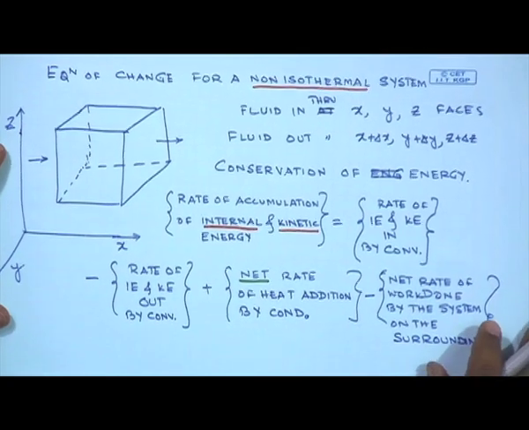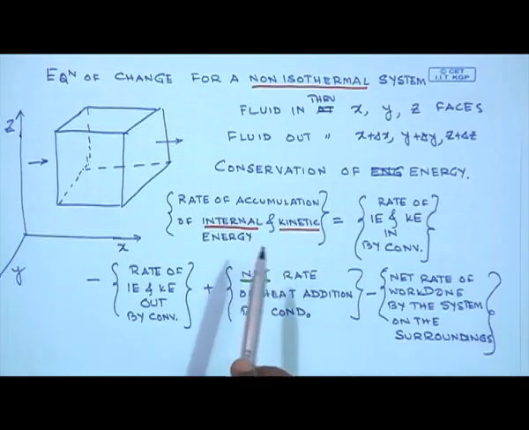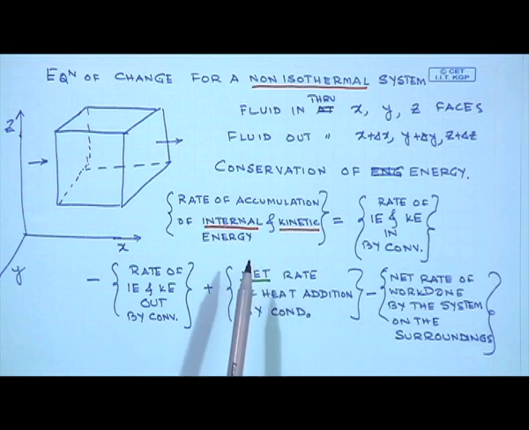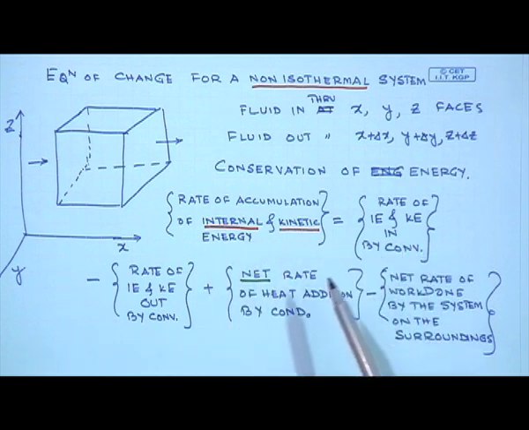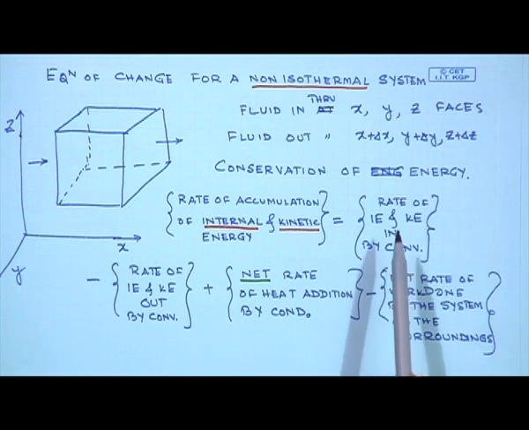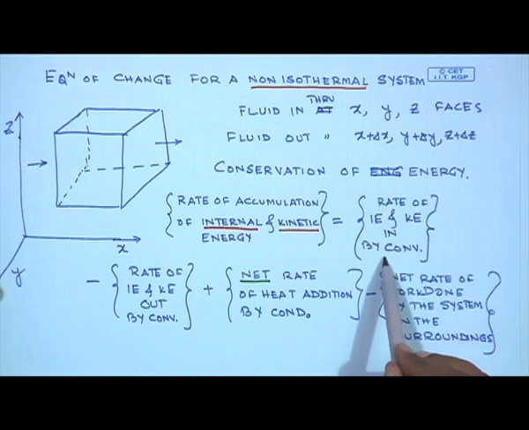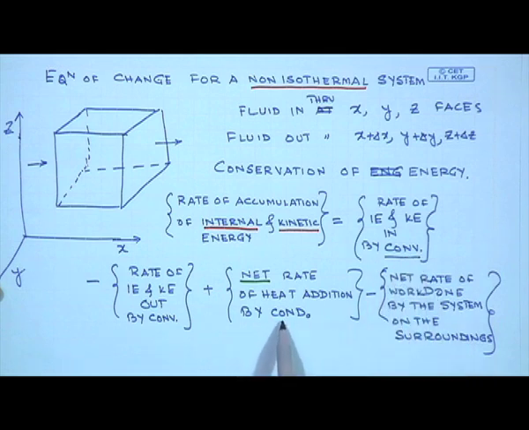So, let us see once slowly what we have done. I am writing the energy conservation equation, which simply says that the rate of energy in, and by in I understand that it is going to be convection and it is going to be conduction, minus rate of energy out by convection and by conduction.